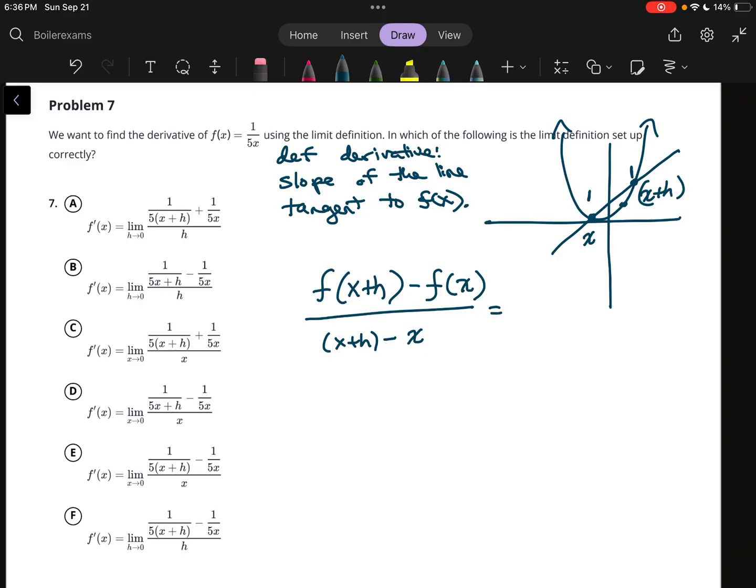To find the tangent line, we need to make h as small as possible. How do we mathematically represent something getting as small as possible? We use limits, and we say limit as h approaches 0. And so what I'm writing down right now is the definition of a derivative.